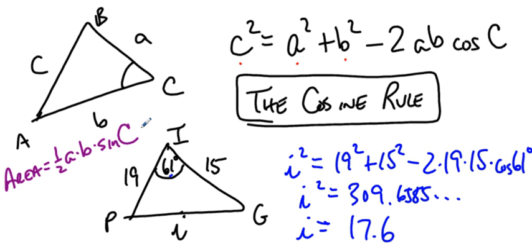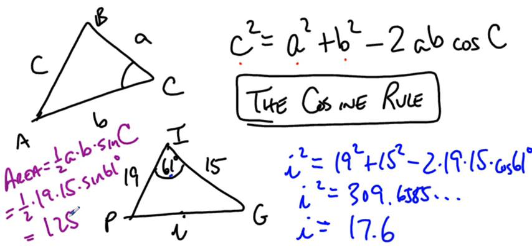One side, the other side, sine of the angle between them. So in this case, that's 1/2 times the side times the side times the sine of the angle between them. And again, your calculator is ridiculously helpful to you, so you just type everything right into your machine, and that's approximately 125.